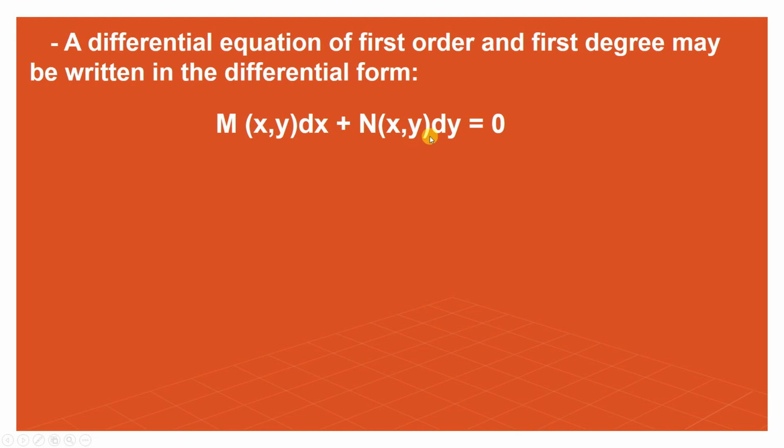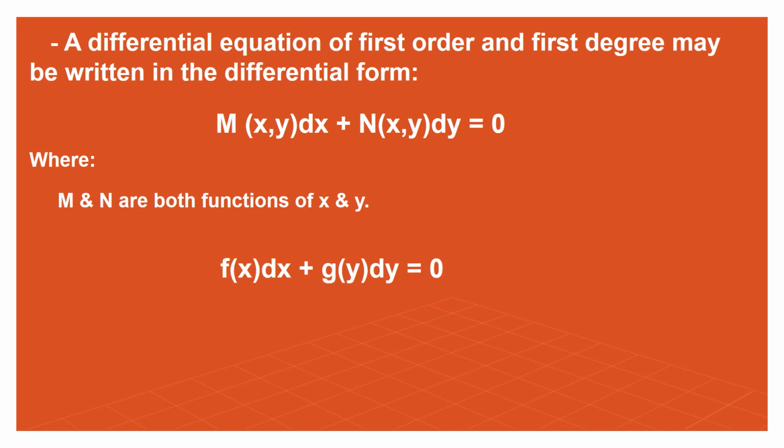While the dy part of differential calculus is on the second part. Kaya sa first term, kailangan puro x siya. So, we can integrate. Now, same with the second term, puro y naman para ma-integrate siya. Okay, where m and n are both functions of x and y.